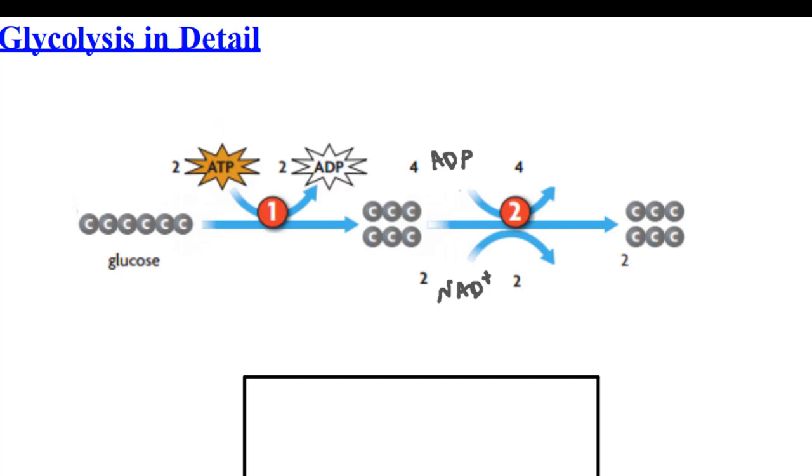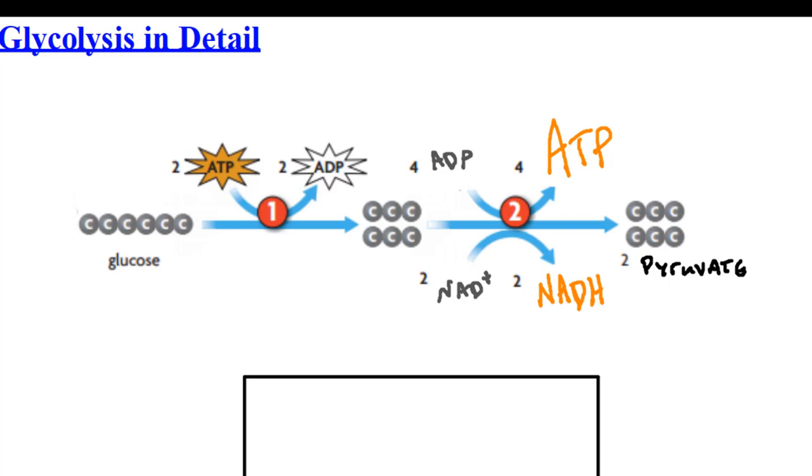What we are getting out is 4 molecules of ATP, and we're getting 2 molecules of NADH. And we get two 3-carbon molecules. So it's kind of like it's rearranging itself. These two 3-carbon molecules are called pyruvate. Pyruvate.